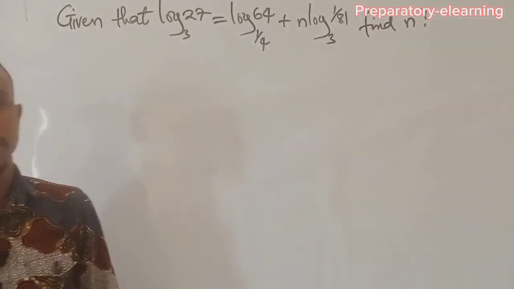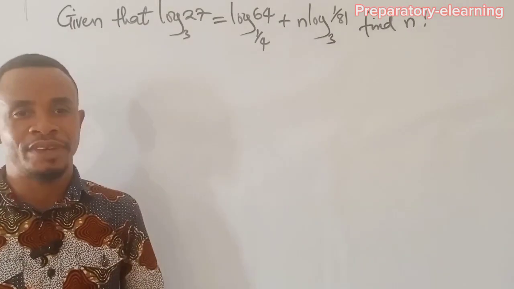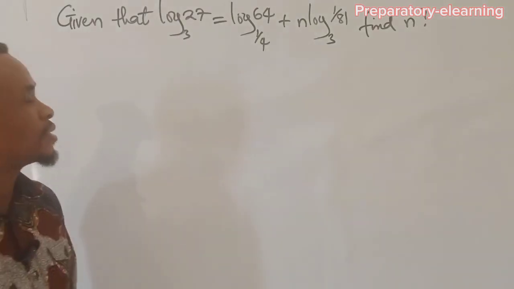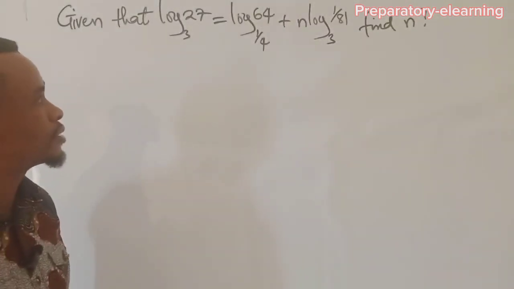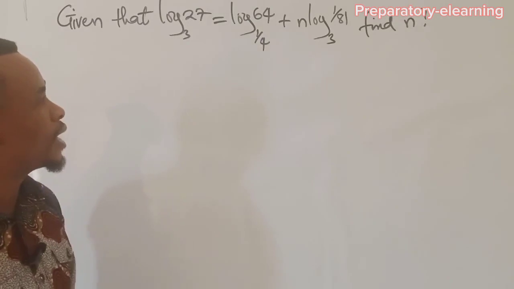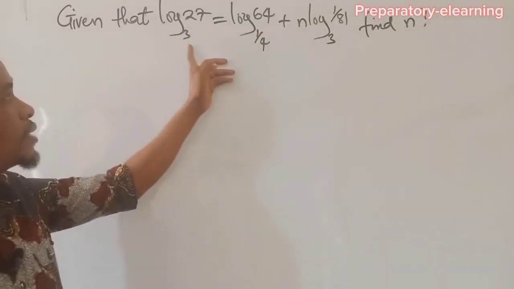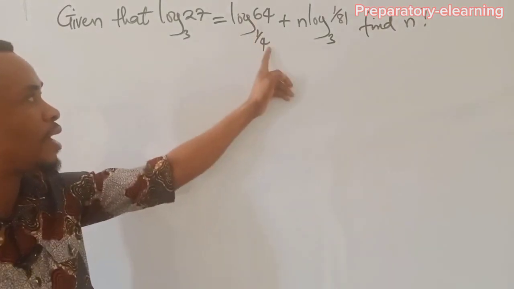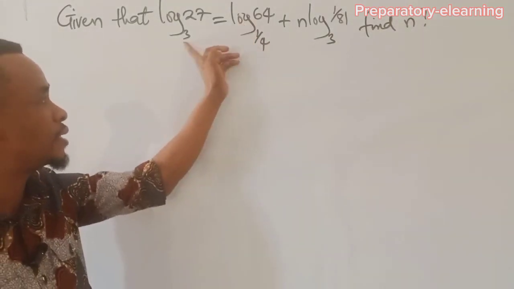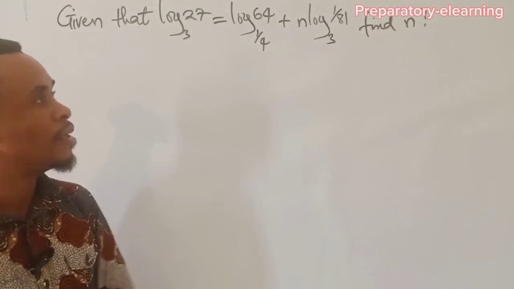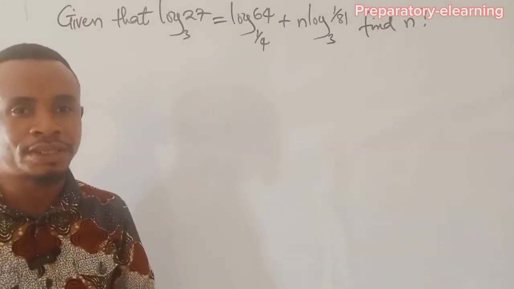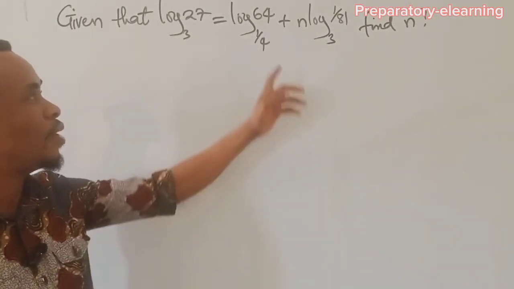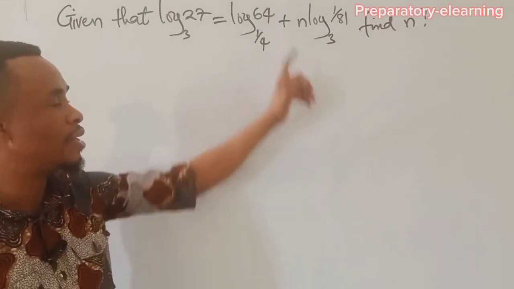How do we go about solving this? It is very simple. Now let's look at the conditions, whether they are okay. We have the bases here are not the same. We have 1 over 4 here as the base to this log, which is not the same as base 3. Therefore, we cannot apply the law that we call the addition law.